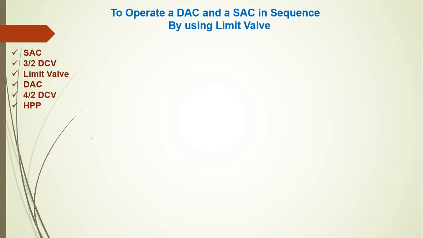Here we are not using any type of sequence valve or pressure control valve. We use a limiting valve to give the motion for the extension and retraction circuit. During the extension or retraction of the first cylinder, it operates the limit valve when the piston reaches a particular position.